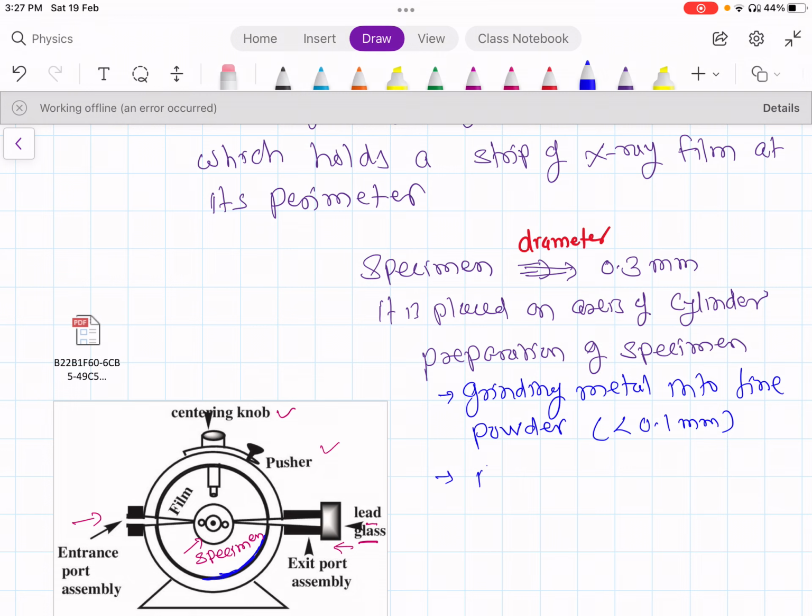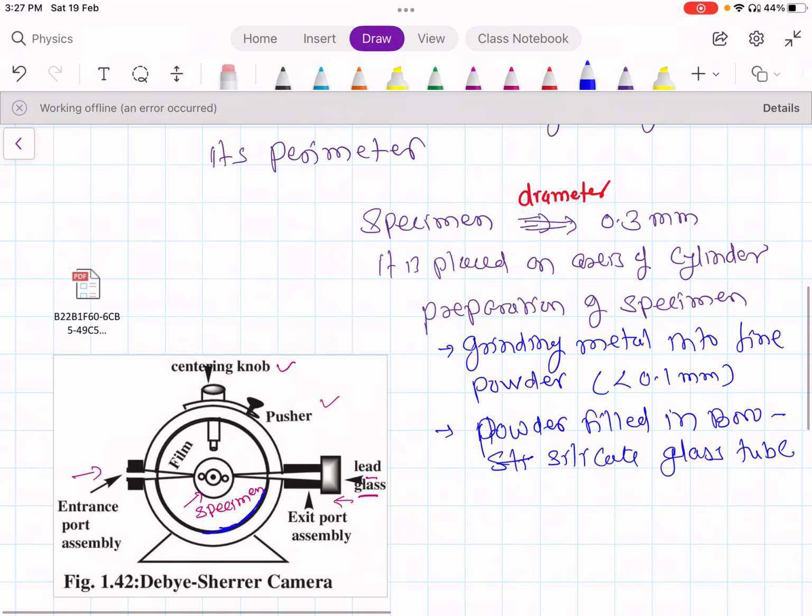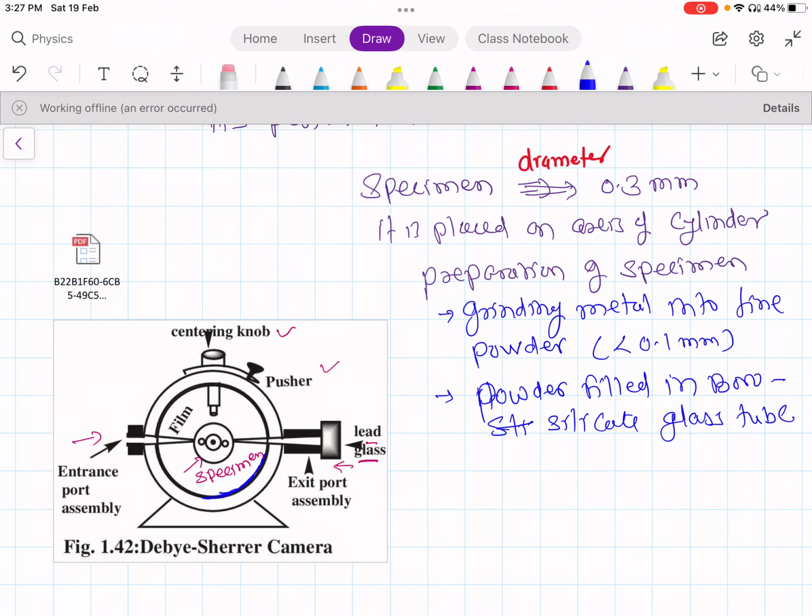Then the powder is filled in a borosilicate glass tube. Why borosilicate glass tube? Because borosilicate is transparent to X-rays.